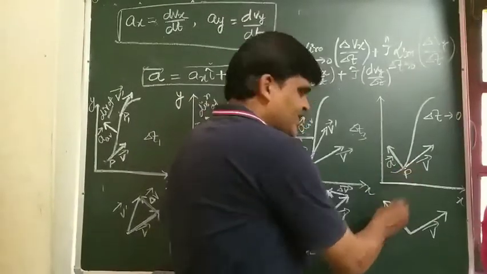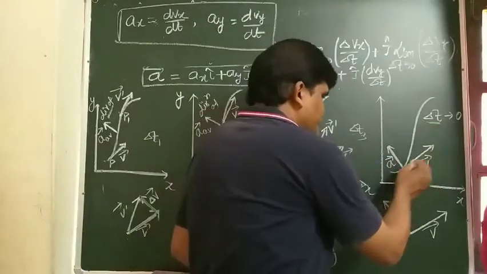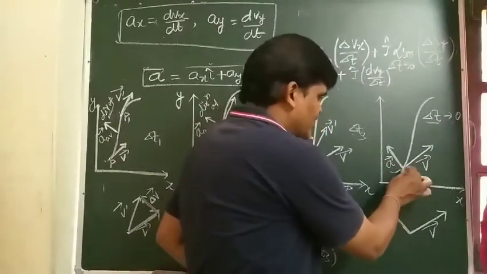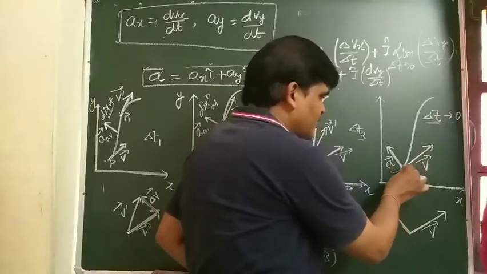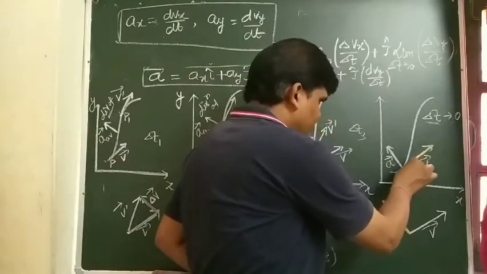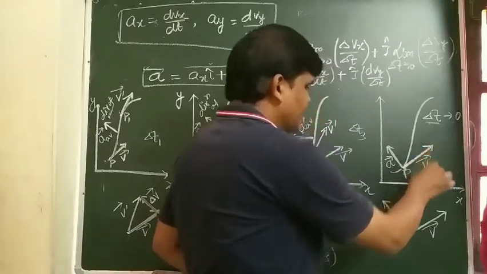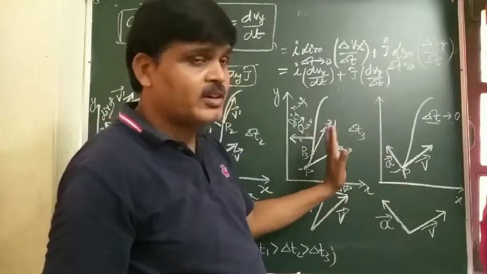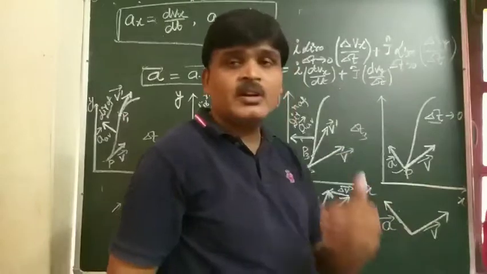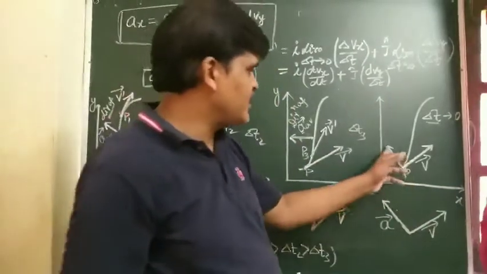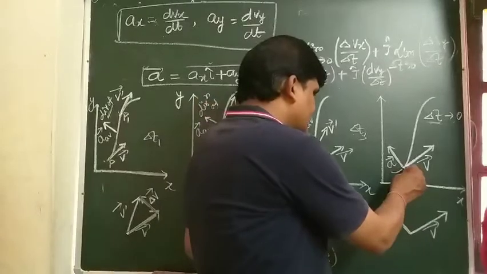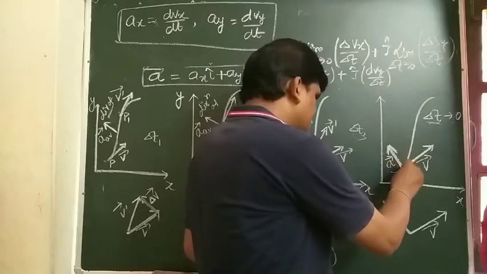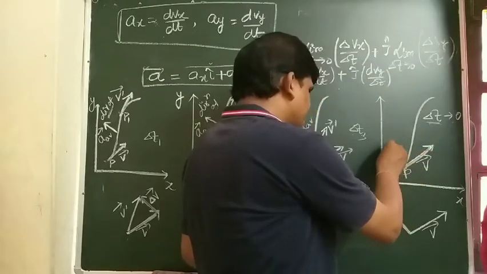And again you see that when delta T tends to 0, the direction of the velocity is tangent to the given line, and at delta T tends to 0, average acceleration changes into instantaneous acceleration. And we see that the direction of instantaneous acceleration continuously changes.